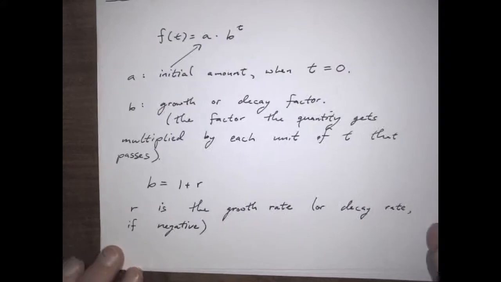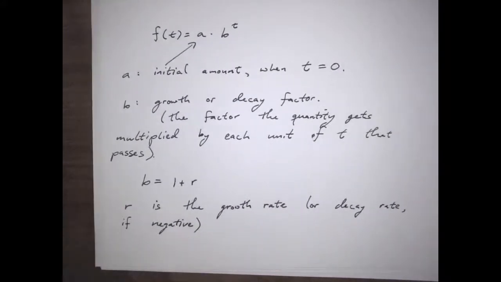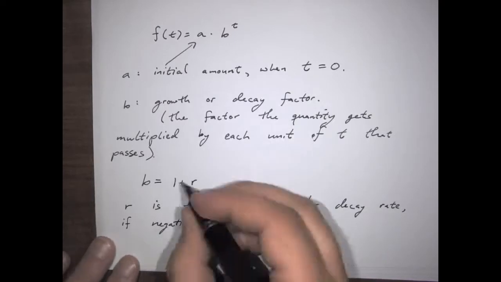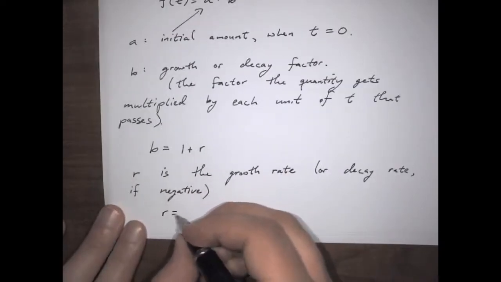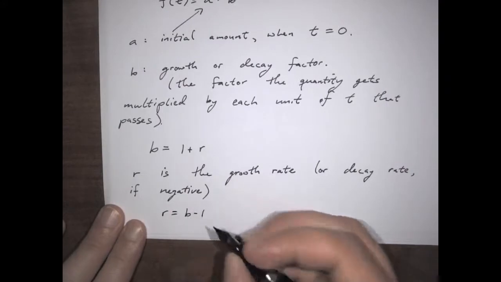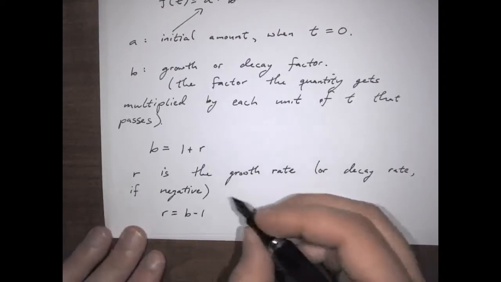If b is bigger than 1, it's growing by that factor. It's convenient also sometimes to rearrange this and write it as b minus 1. So take off the 1, and that'll tell you how the thing is growing or shrinking.